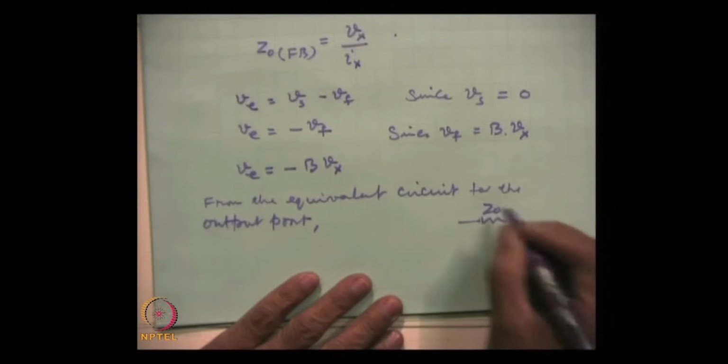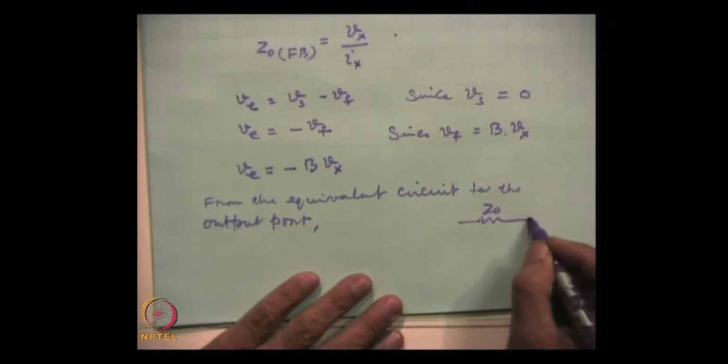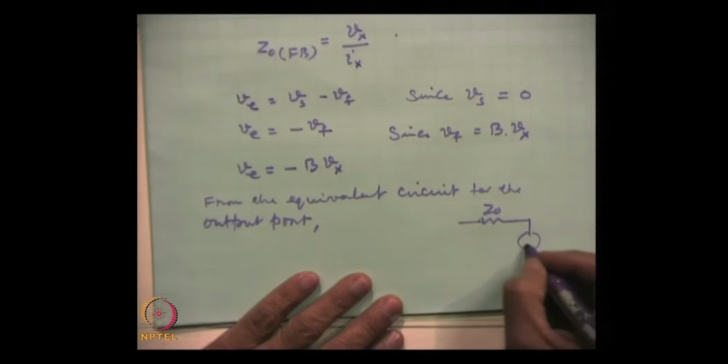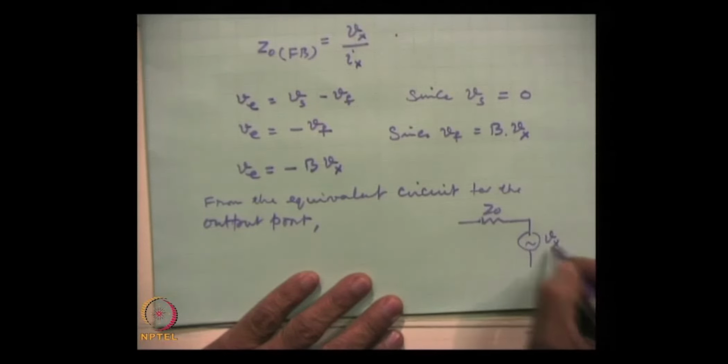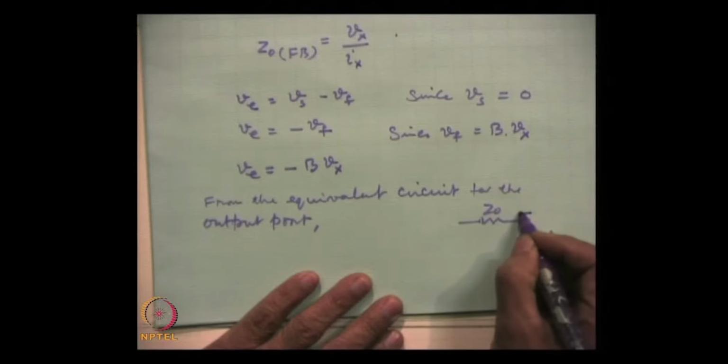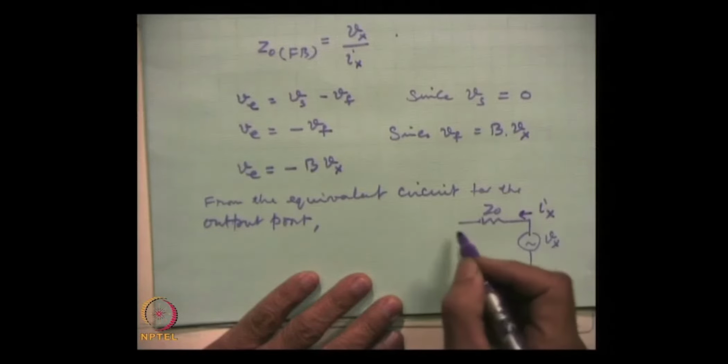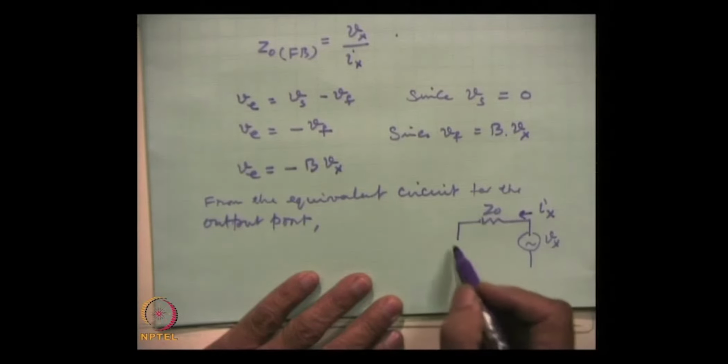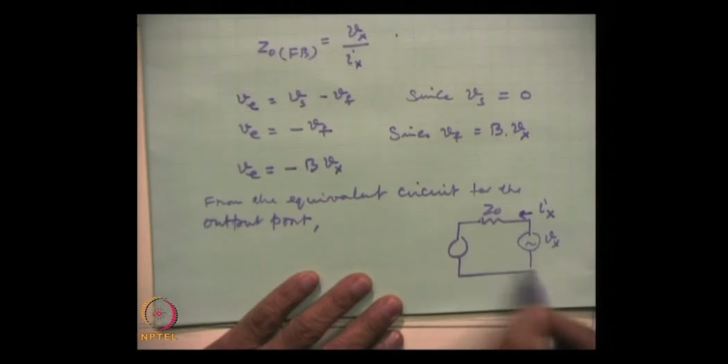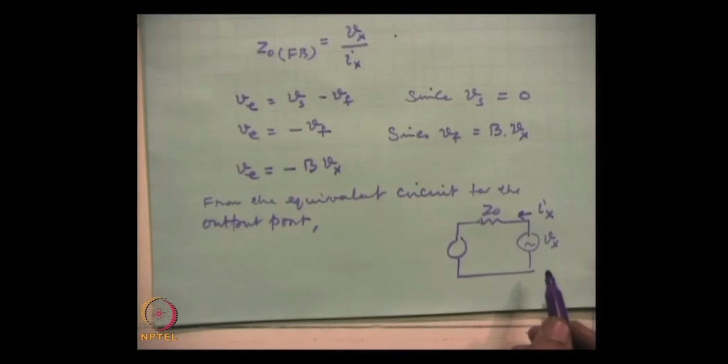This is the impedance Z 0, and here we have connected V x, which has sent current I x, and here is another voltage source.